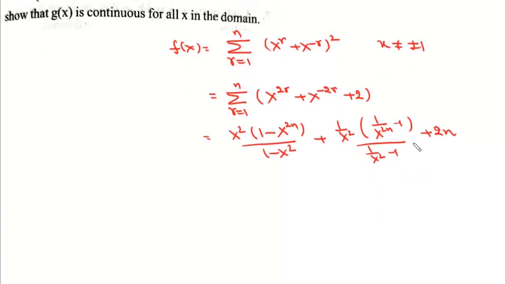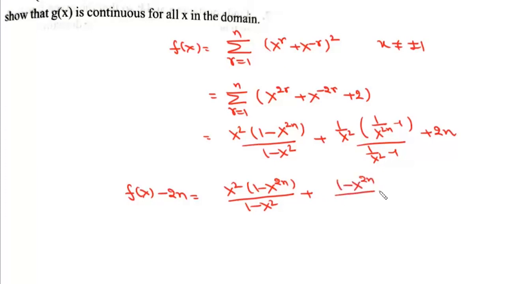Now we'll take this 2n on the left hand side, then we can write f(x) minus 2n will be x square into 1 minus x to the power 2n upon 1 minus x square, and then plus, here it will be 1 minus x to the power 2n upon 1 minus x square, and then x to the power 2n.